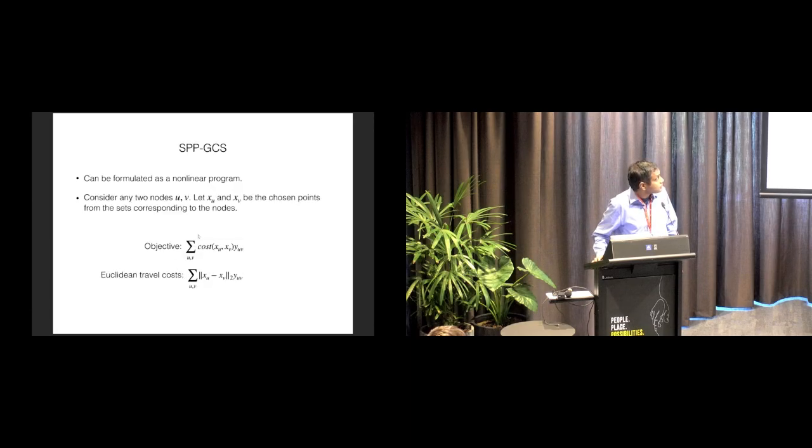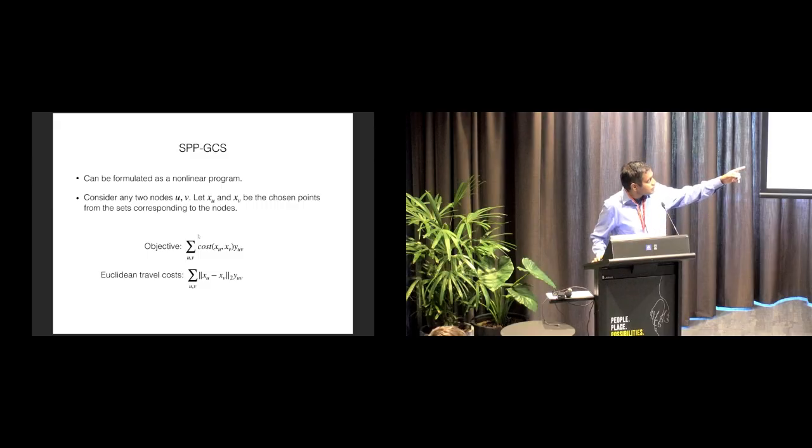Now, let me explain how we go about doing this. This problem can be formulated as a nonlinear program with essentially bilinear constraints. For example, suppose you take any two sets. Here I call them sets, but they are also nodes in the graph. Let's say these nodes are u and v, and xu and xv are the corresponding points you choose from the sets.